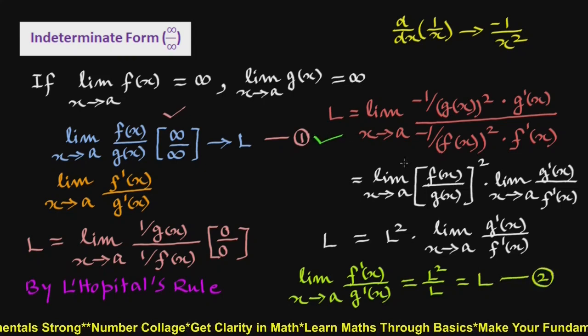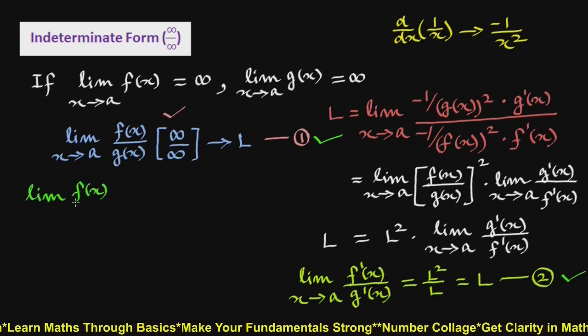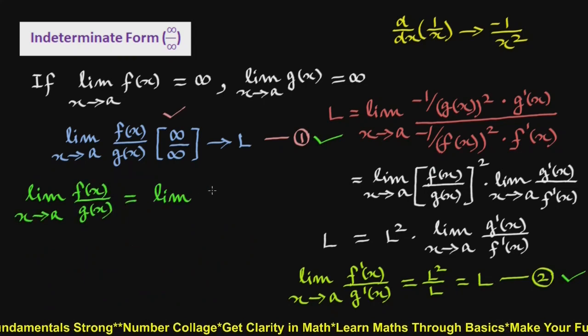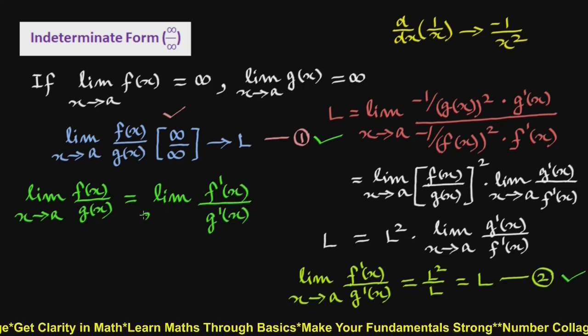So from 1 and 2, we can write limit f(x) upon g(x) as x tends to a is limit f dash x upon g dash x as x tends to a.